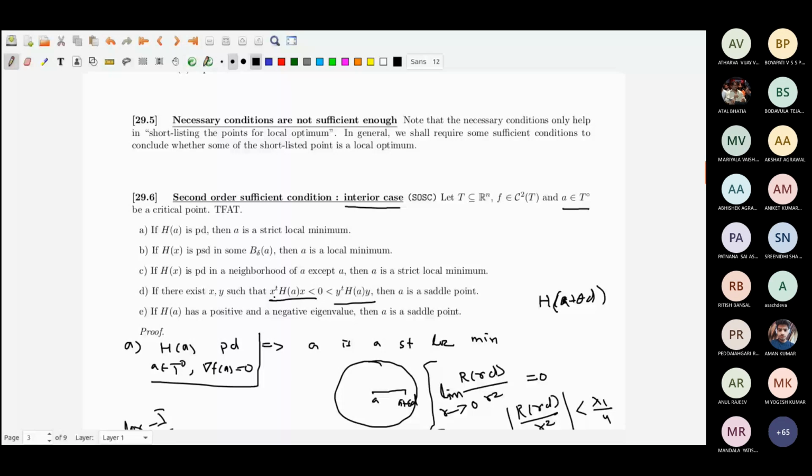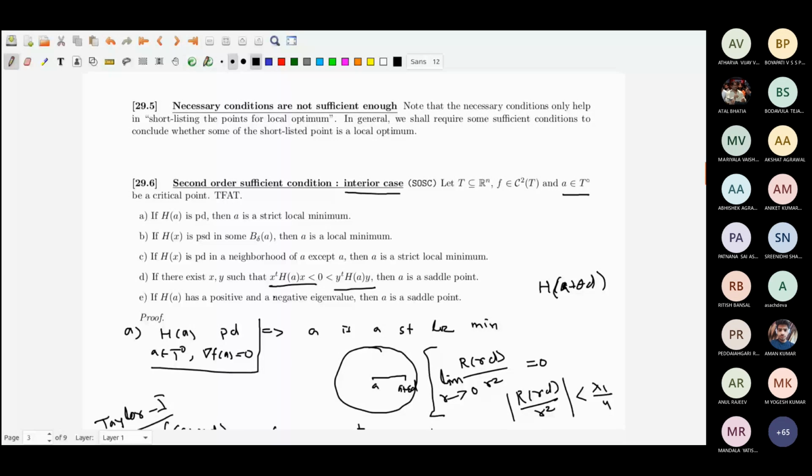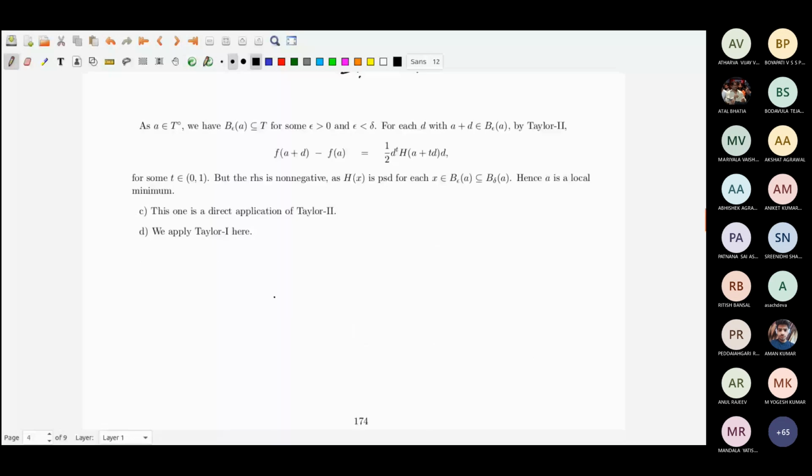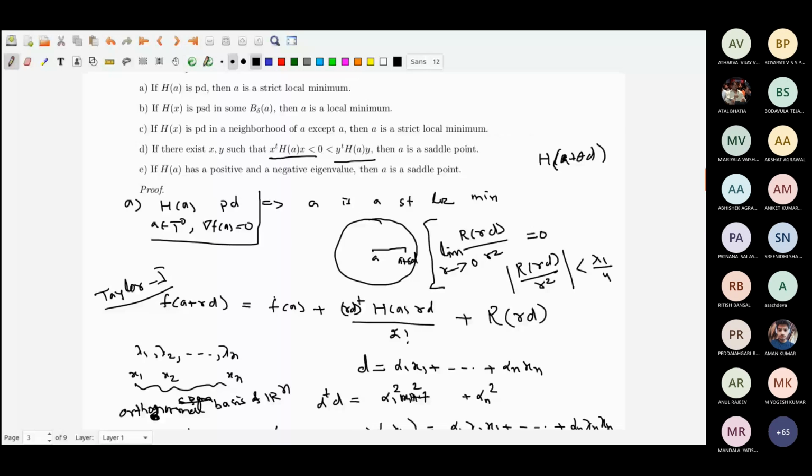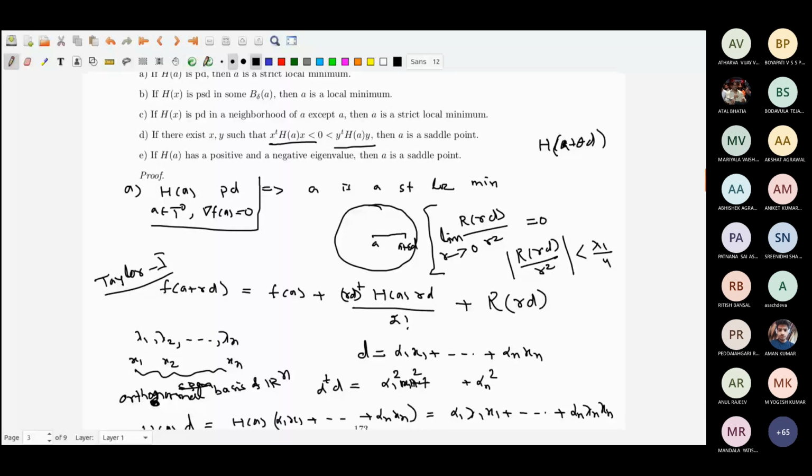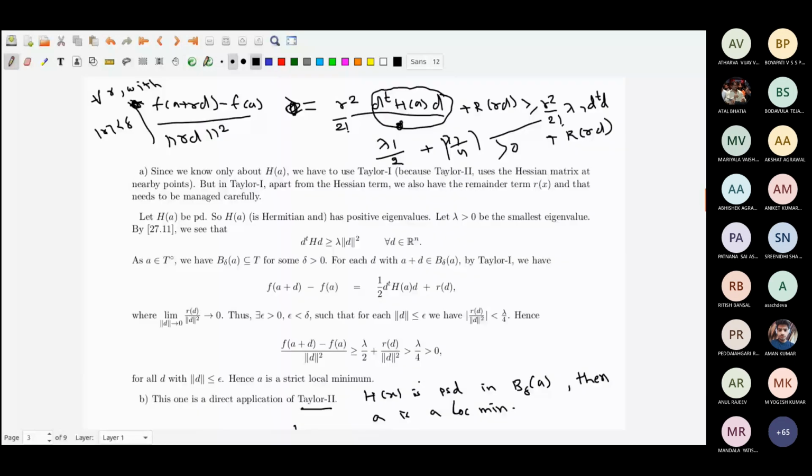D application. The proof of D is similar to the proof of A. You will have to play around with this, I mean this lambda 1 by 2 and lambda 1 by 4. The proof of that is very similar to this actually. You will see over here. You will have to play around with that.